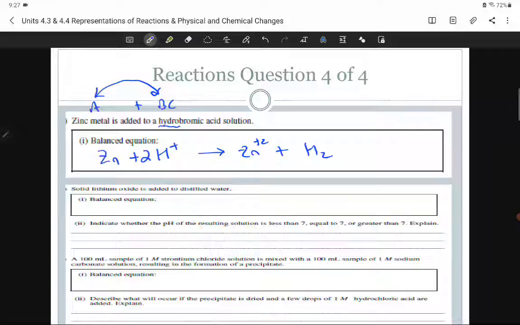Next, lithium oxide. So metal oxides plus water always yield the same sort of idea. They're going to make a base, and we'll see what we can do with that. Lithium oxide.